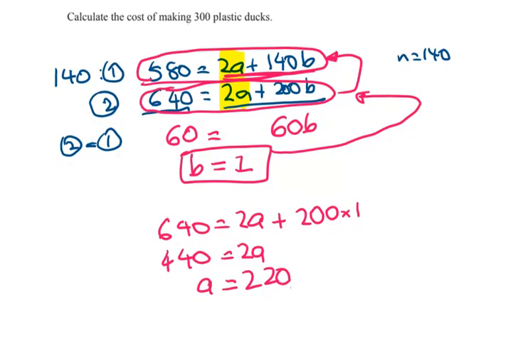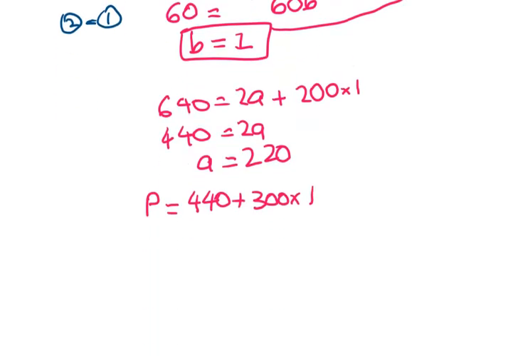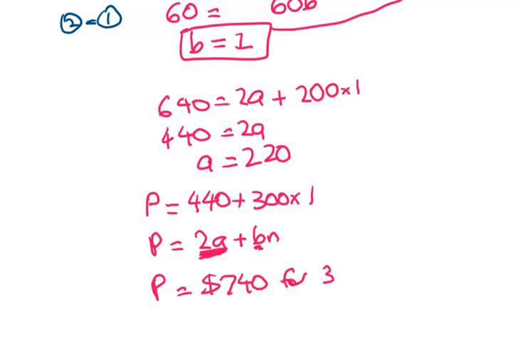So now to work out the cost of making 300 plastic ducks, all I have to do is say P is equal to 440 plus 300 times 1, right? What I'm doing here is I'm saying the formula is 2A plus B times N. And we've worked out what 2A is, and we've worked out what B is. So the price is equal to $740 for 300 ducks.